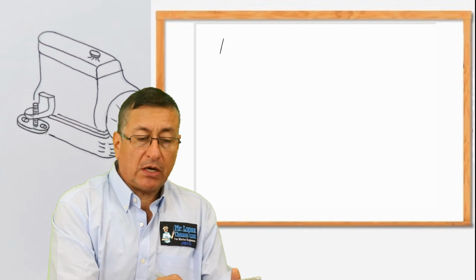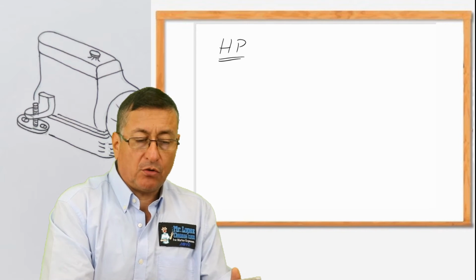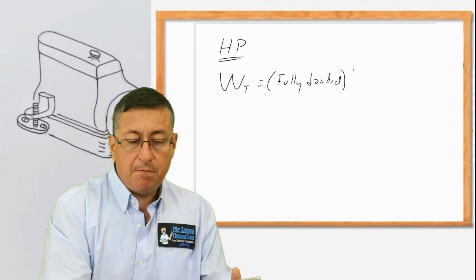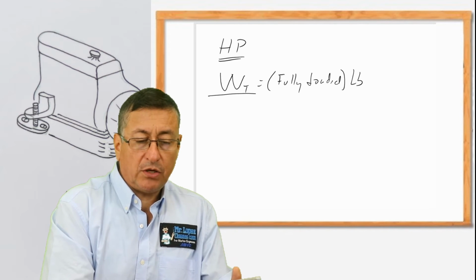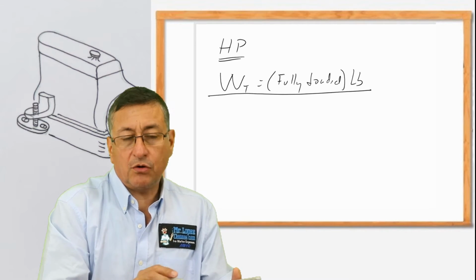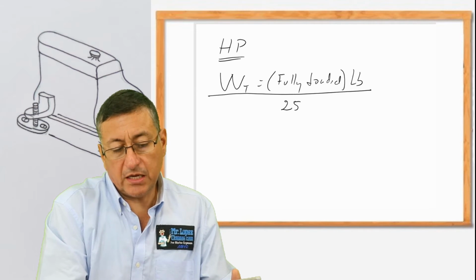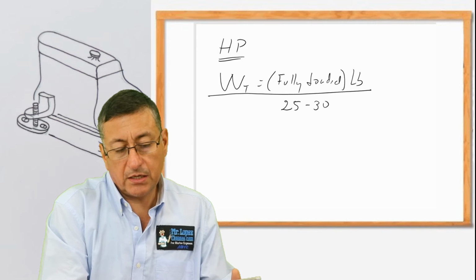In order to calculate the total horsepower, we are going to use the total weight with the boat fully loaded in pounds, and we are going to divide it by 25 or 30, in between 25 and 30.